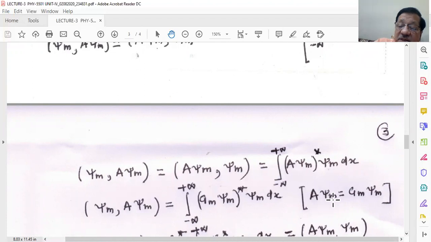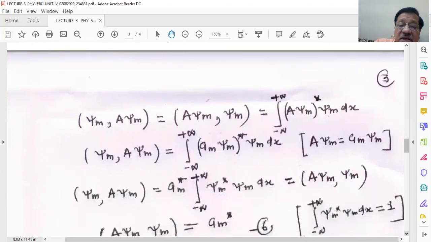A operating on psi m is nothing but the number a m into psi m. So this equation I can write as integral of a m psi m star psi m dx. The same equations are there, you can see.